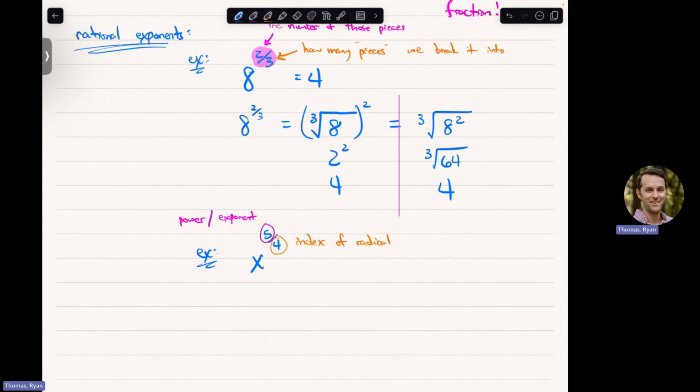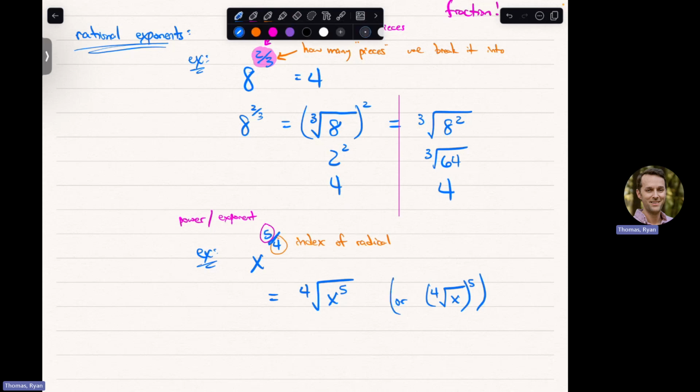So x to the 5/4 is the same thing as the 4th root of x to the 5th. And again, we could write that in either order, with the power either underneath or on the radical as a whole.